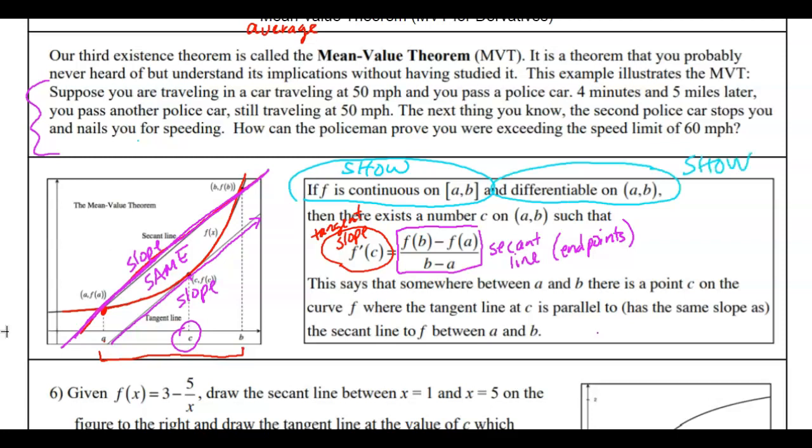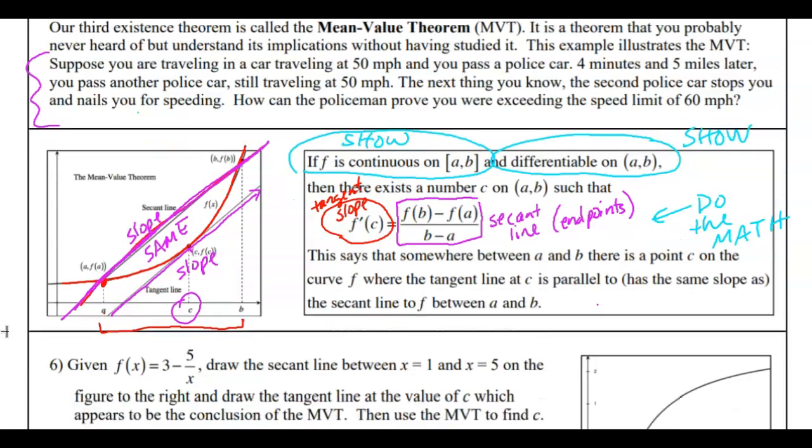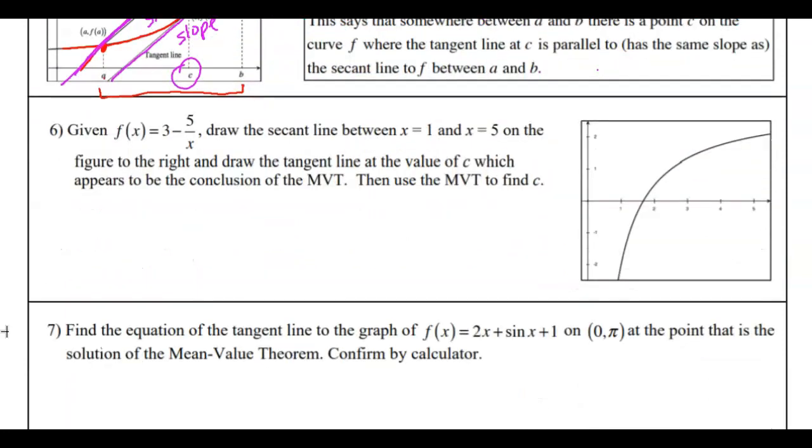Now, you do not show that your two y values are the same, because they don't have to be, okay? And then you're going to do the calculus, do the math, to find where that x value is, okay? So it is an existence theorem because it says this exists, but this is actually a working theorem, just like Rolle's was.